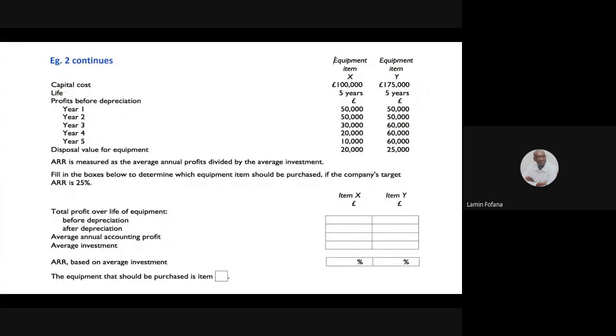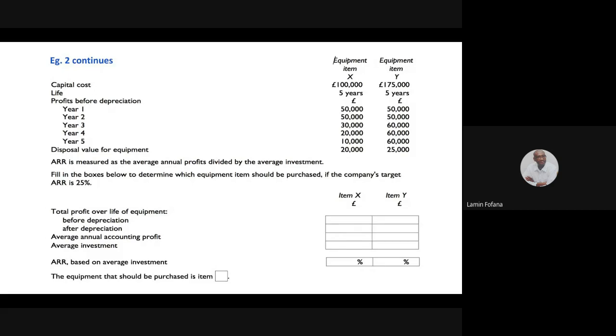This is called Interactive Question 1. We've been given a box to fill, and let's produce the box. I'm going to expand it.